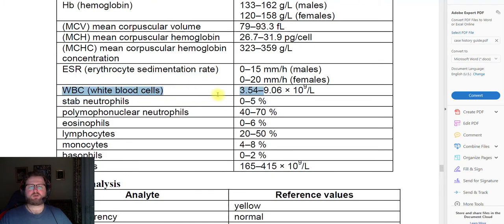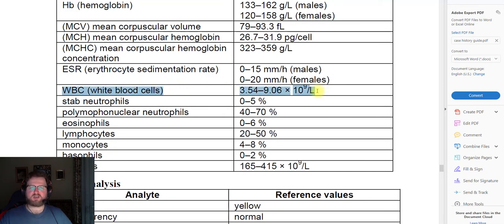Next, white blood cell level. As you know from your pathophysiology classes, white blood cells are the main affecting cells during inflammation. So if you suspect that this patient has a systemic inflammatory disease like peritonitis, then you will expect that his level of white blood cells will be elevated.